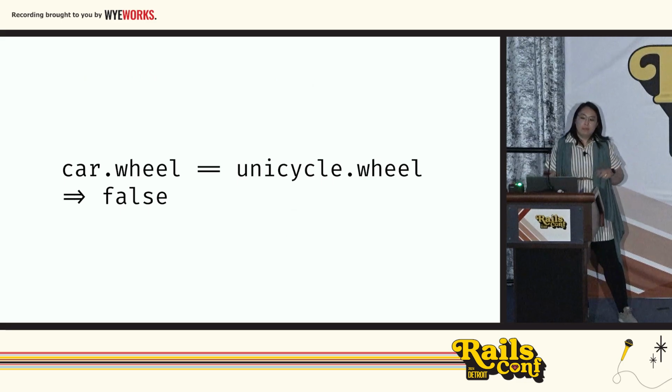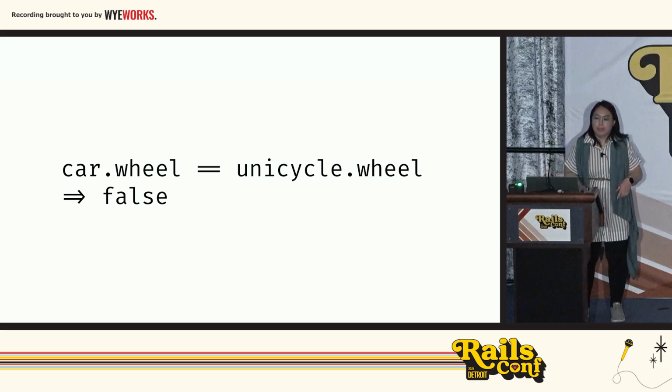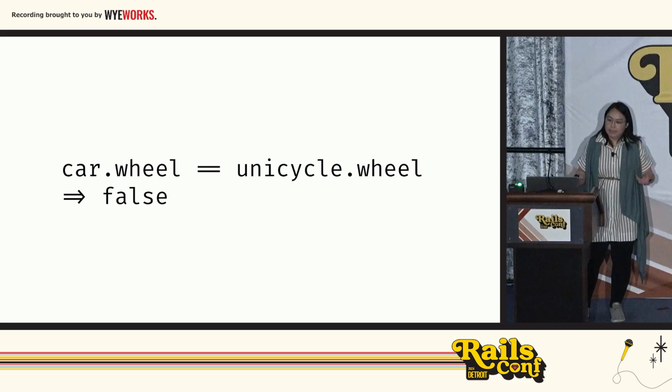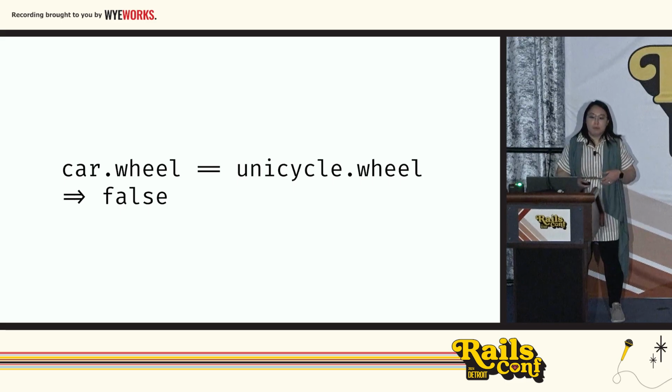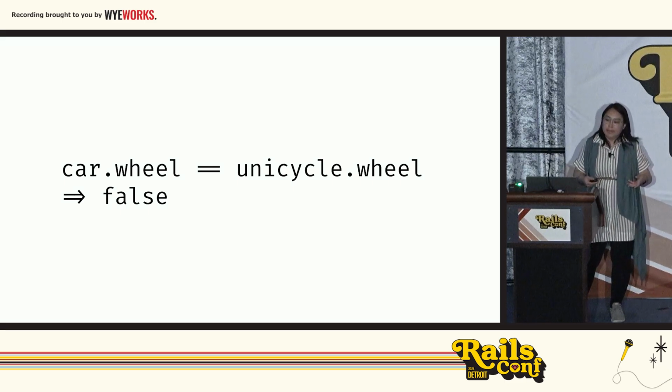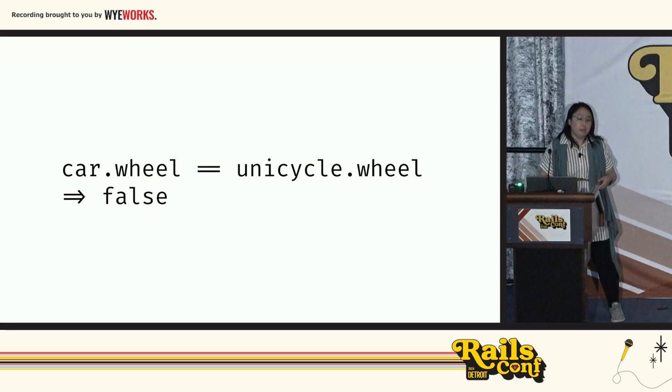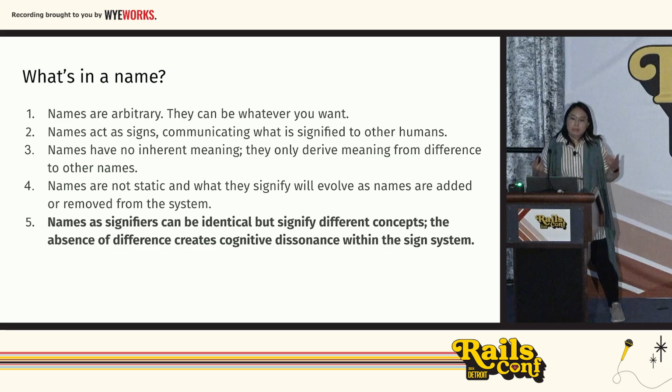And when the same signifiers are used alongside one another but signify different concepts, it creates cognitive dissonance. This makes it more difficult to understand and comprehend the code, since we need to keep track of which wheel is used for steering and which wheel is used to move the vehicle across the ground. So names as signifiers can be identical, but signify different concepts, and this can sometimes create cognitive dissonance within the sign system.